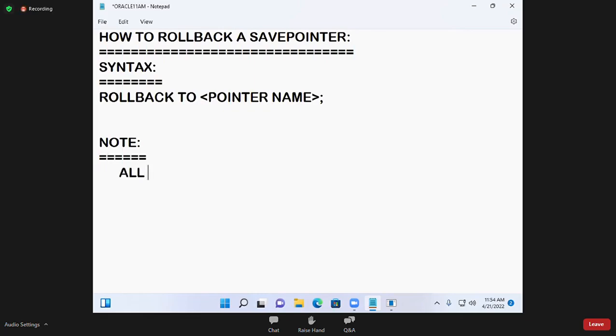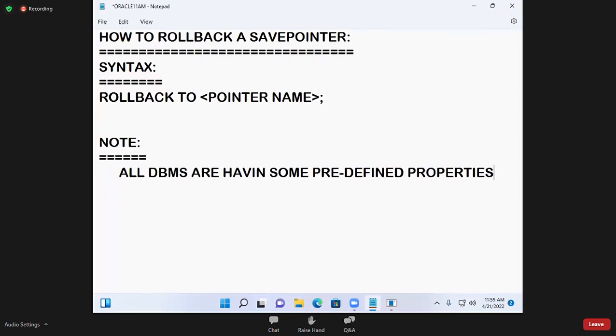All database management systems, SQL Server, Oracle, MySQL, DB2, whatever it is, have some predefined properties. Those are called what? ACID properties.